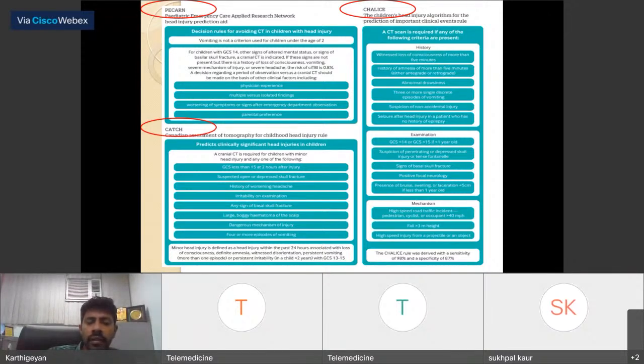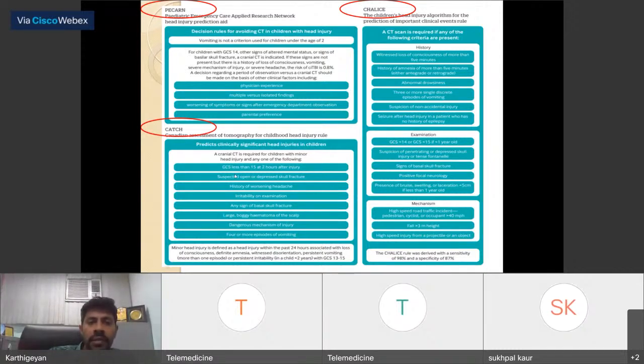But in these sorts of trivial injuries, CT scans are not necessary, because studies have shown less than 5% of such kids actually have significant intracranial injuries, and less than 1% of these kids need any surgical intervention.